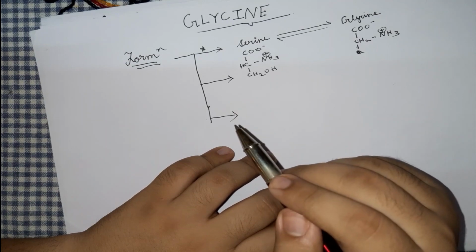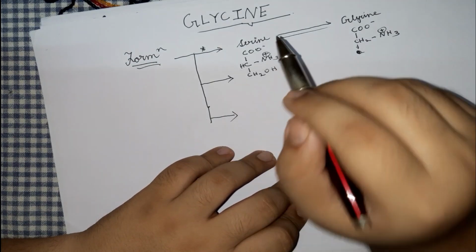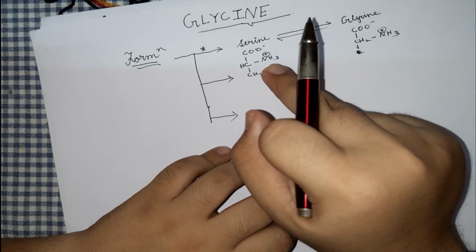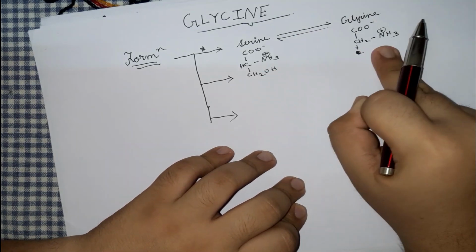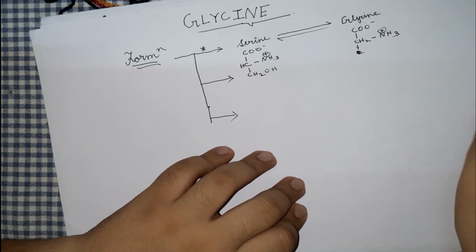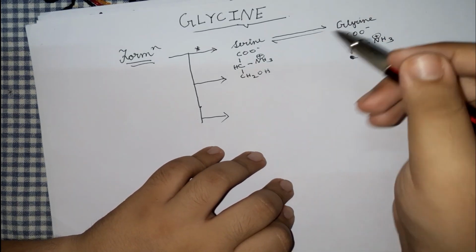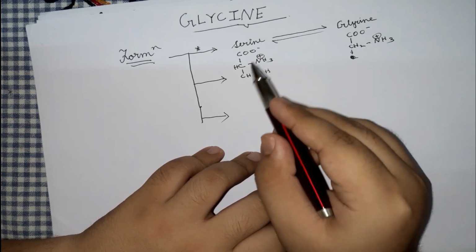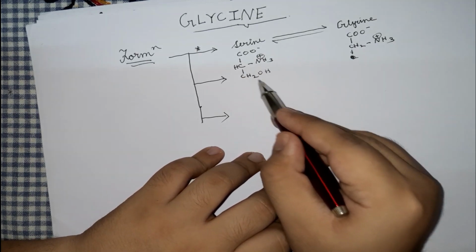All right. Now listen to me carefully. If we have to form glycine from serine, what do we need to remove? We need to remove, if I'm not mistaken, this thing.